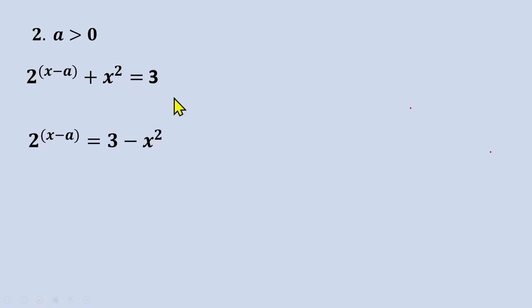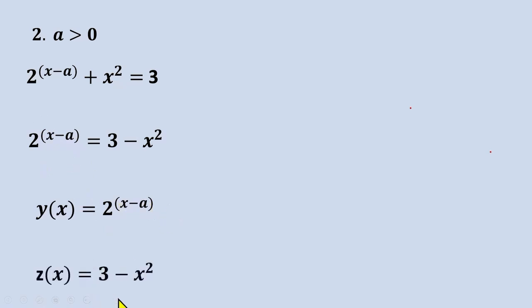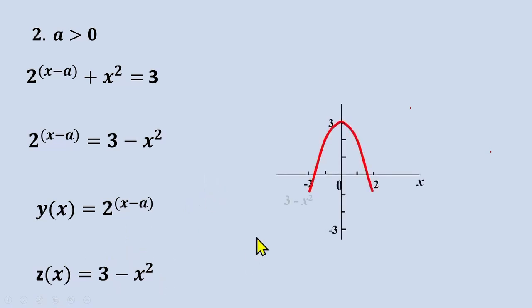Now we consider the case of positive a. In this case, the equation will have the original form. Again, we move x squared to the right and introduce two functions, one for the left-hand side and the right-hand side as the second function. We plot first the parabola. It has the previous shape.